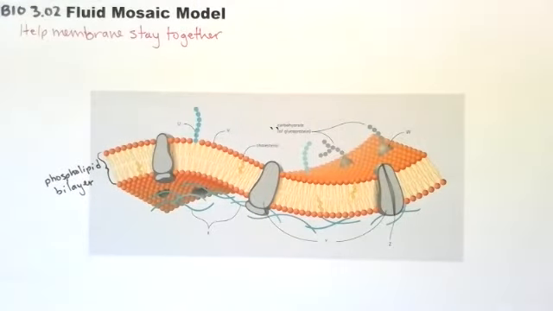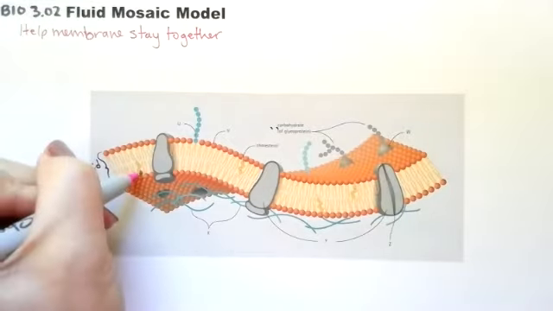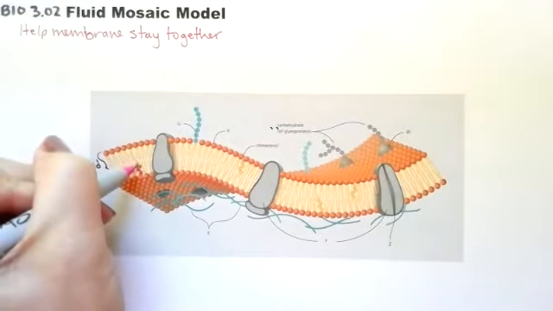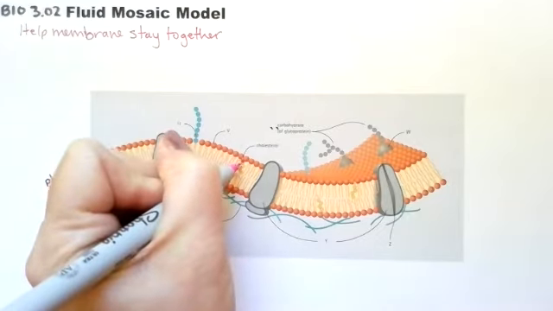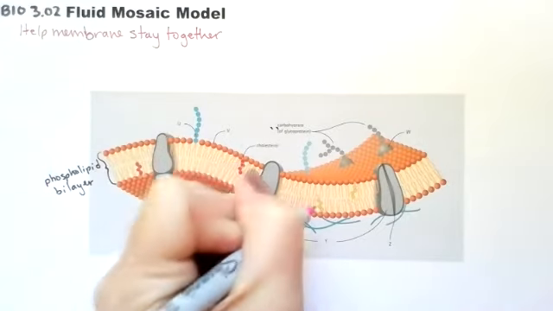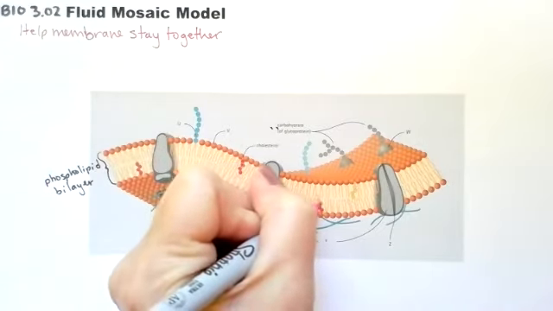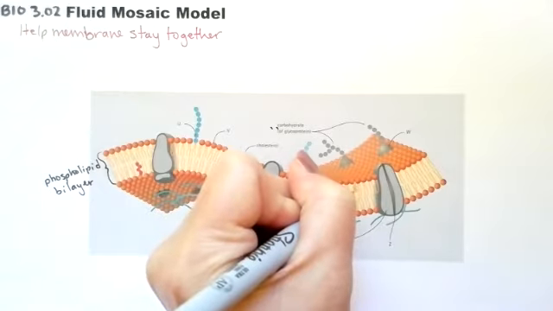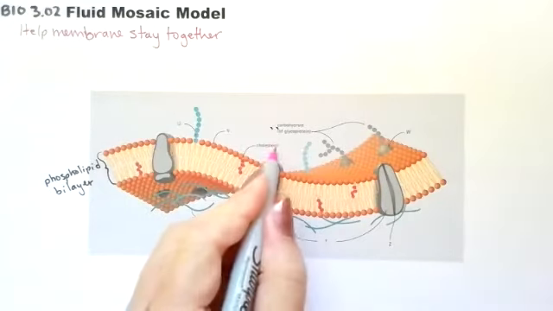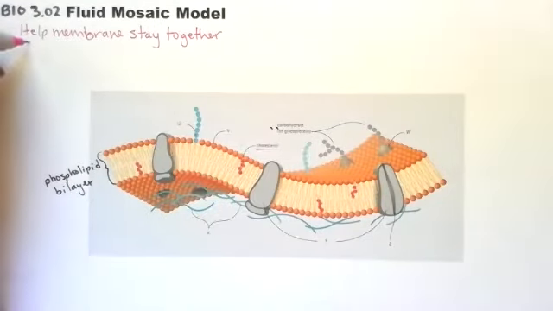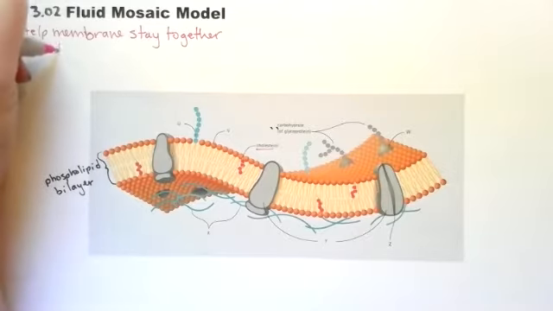So the first one we're going to talk about, I'm going to color code it in pink. And you have a black and white picture, so this will be helpful. We have these little tiny molecules here. And there's a little diagram up here. I don't know if you can read it or not, and it says cholesterol. So these guys are cholesterol.